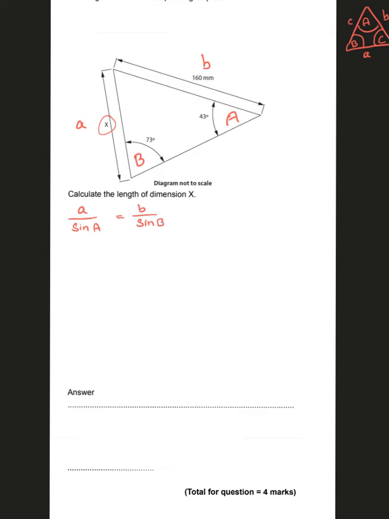Now you could manipulate this if you want to get a by itself already. I always find it's easier to plug everything in. So a over sine of A, my angle A is 43 degrees, is equal to b, which is 160, over sine of angle B, so sine 73.